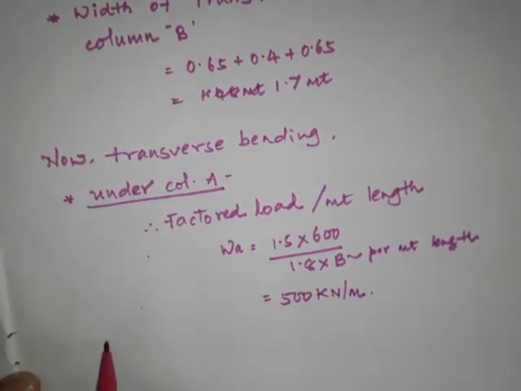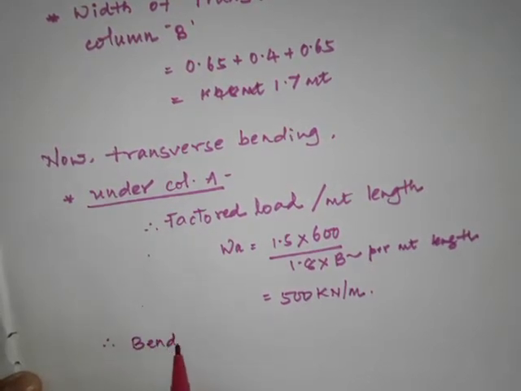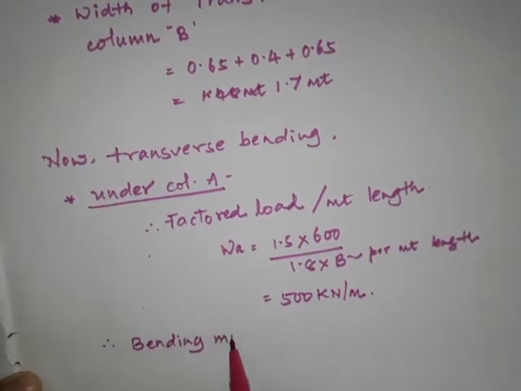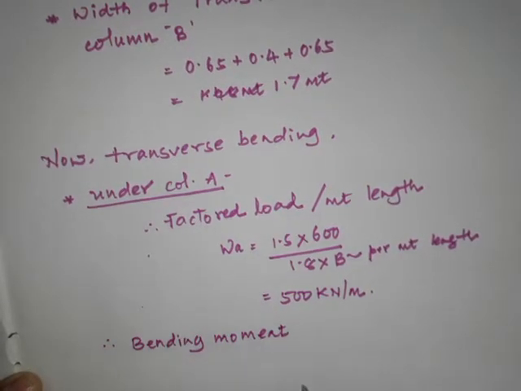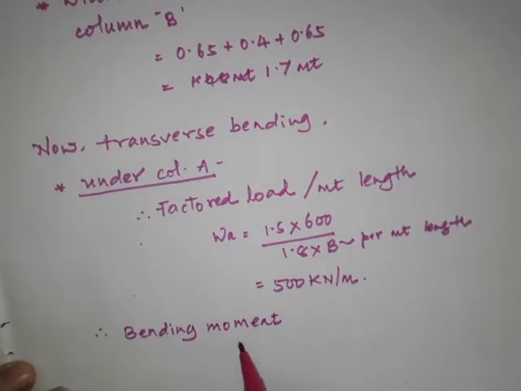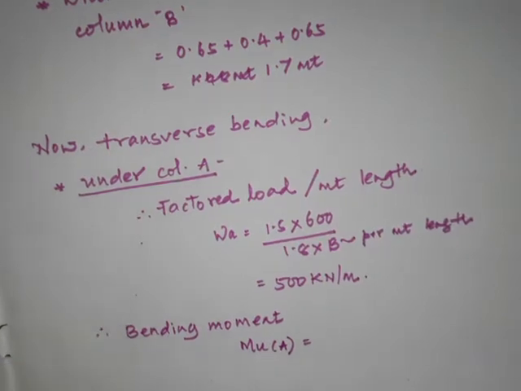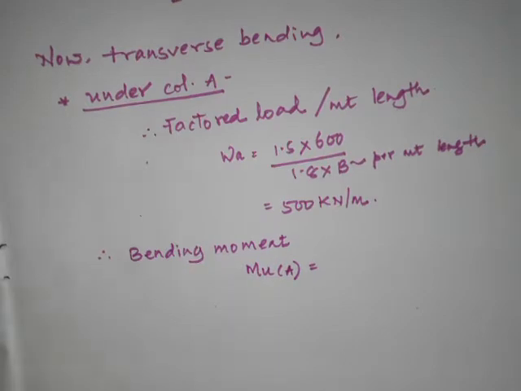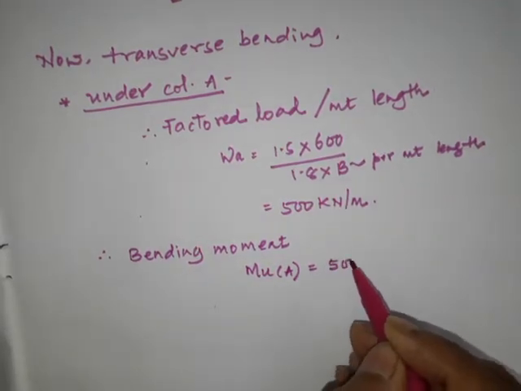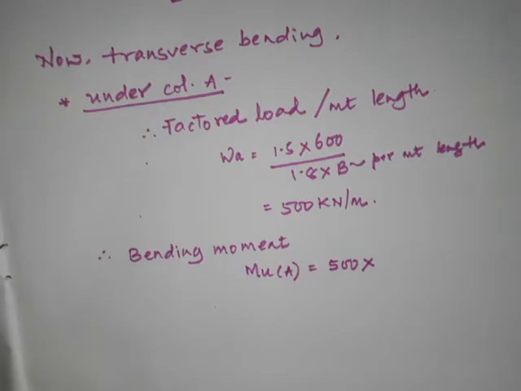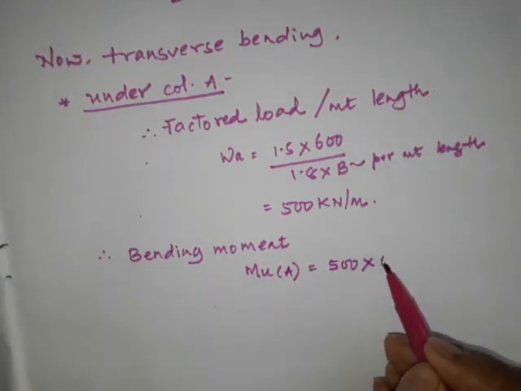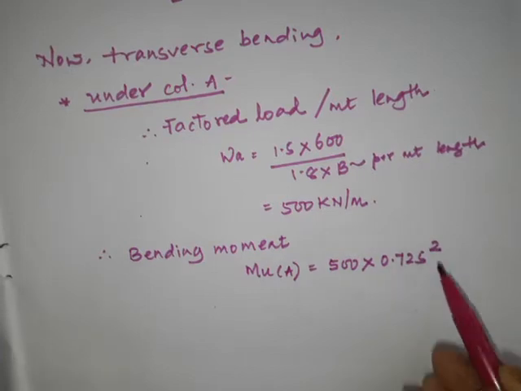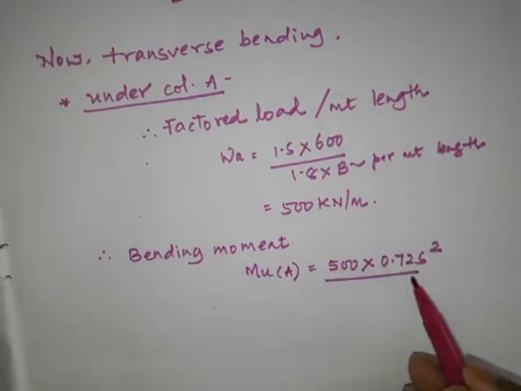So now therefore bending moment, so I can write MUA. So this is under column A, so I will write this MUA. If it is 500 load into the cantilever projection 0.725 square, that is WL square by 2.